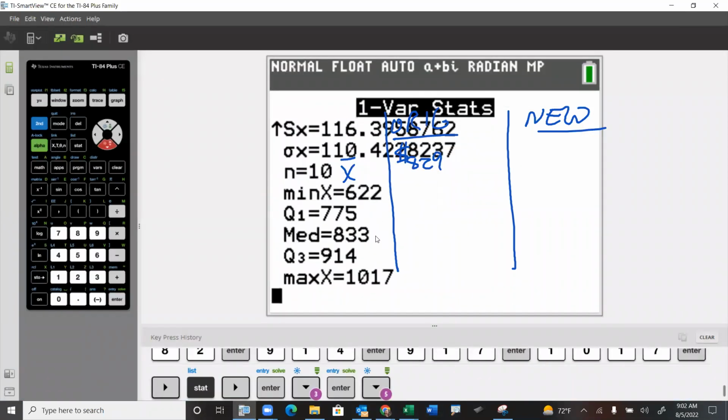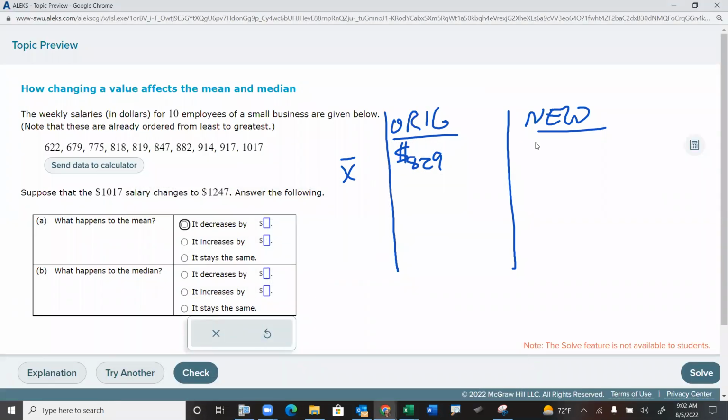I'm going to scroll down, and the median is 833. Got it. All right, so record that. Notice they're only off by $4. So often, certainly not always, but often the mean and the median are going to be fairly close. How about the median? That's our symbol for median. I don't feel like writing it all out.